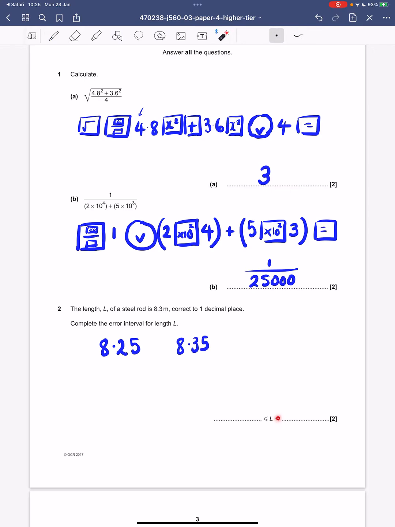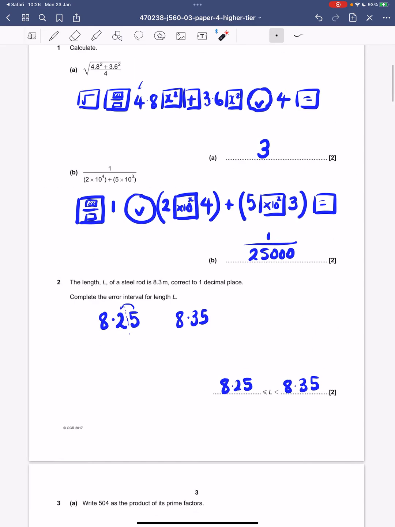If you notice, there's a less than sign, so it means it's less than 8.35 but not equal to 8.35, and 8.25 here. Because 8.35 would round up to 8.4, and we don't want that, so it's just less than that.